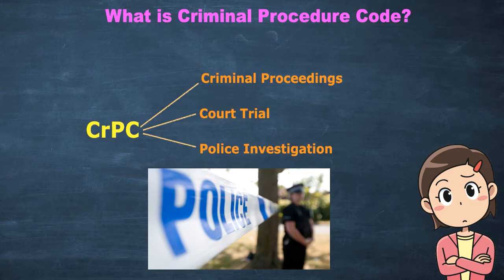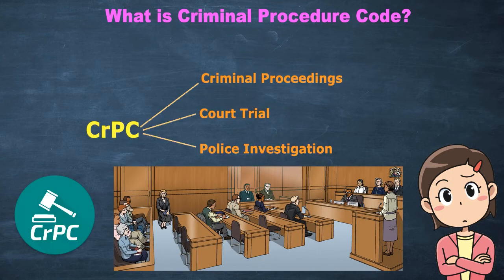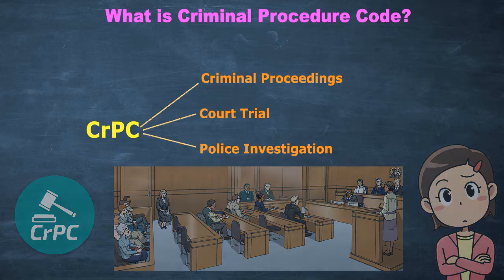As we have already stated, the criminal procedure code is a procedural law. So it is talking about the procedure, isn't it? So this is the major purpose, object, meaning of the criminal procedure code, or simply CrPC.